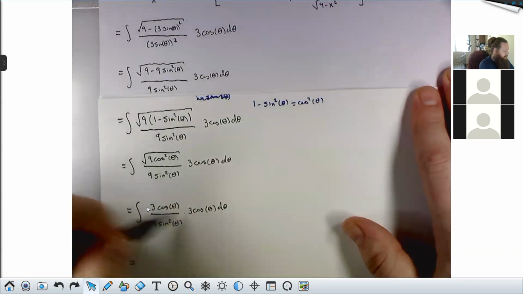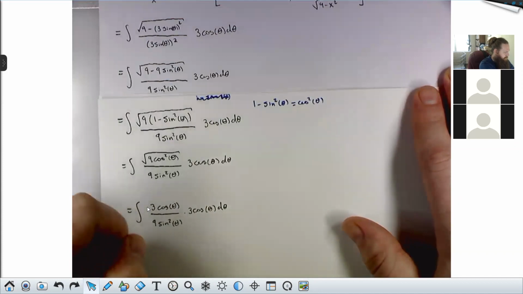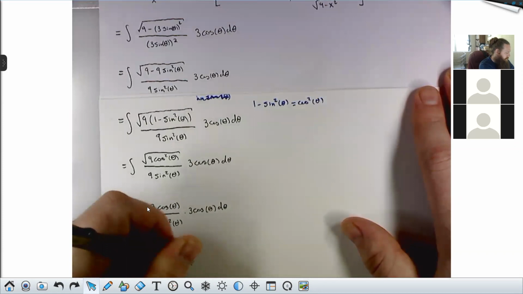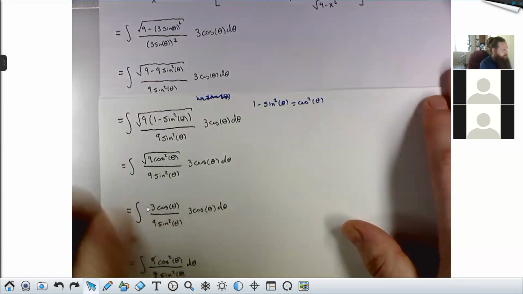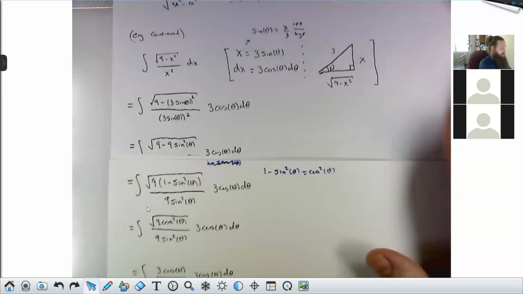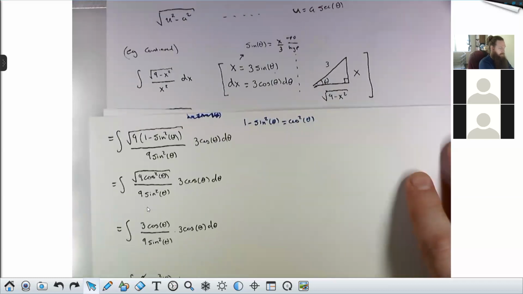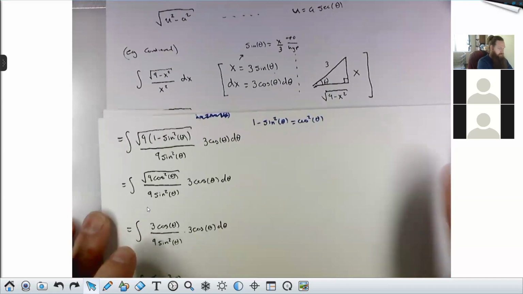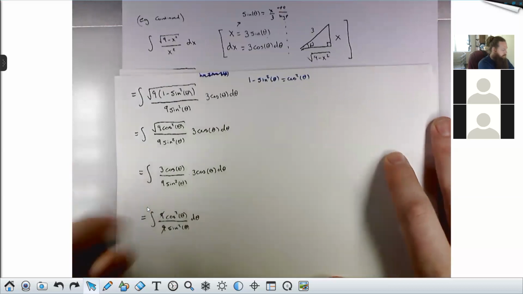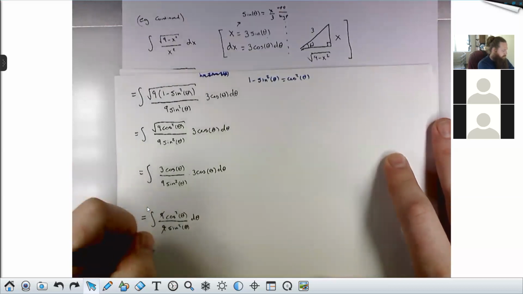Now we can combine these. 3 cos theta times 3 cos theta is 9 cos squared theta. Downstairs I have sine squared theta. So I'll write this as 9 cos squared theta over 9 sine squared theta d theta. The 9's cancel. Cos squared over sine squared is cotangent squared.